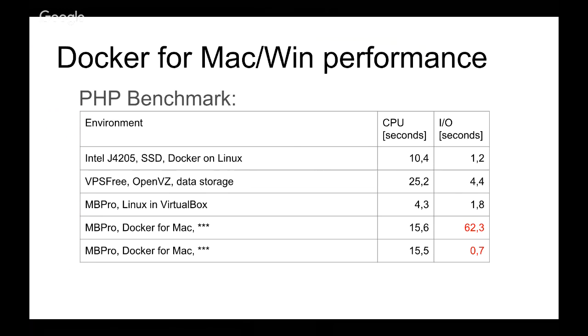So I started some research, and I tried to find what the hell is going on. Here you can see two rows in the table with Docker for Mac, but there is just a small difference between them in settings, but a huge drop in performance.